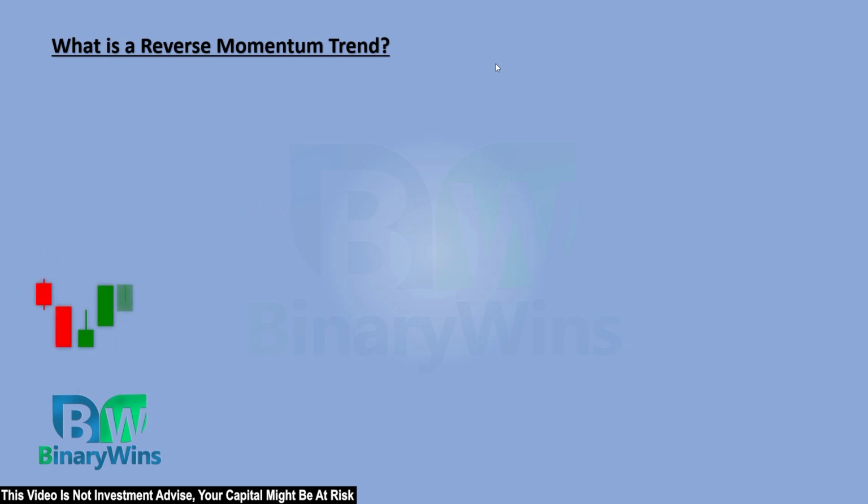Suppose we have a bullish momentum trend again. A red candle is formed. The next candle is also formed, but it does not create a new low for us. And again, a green candle.